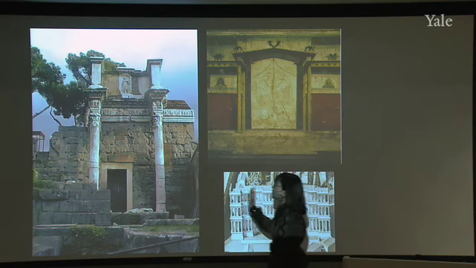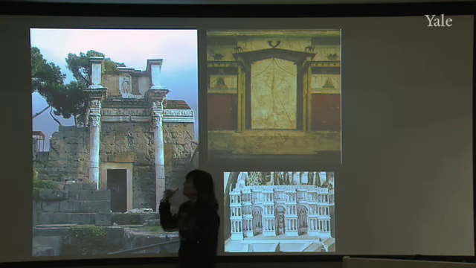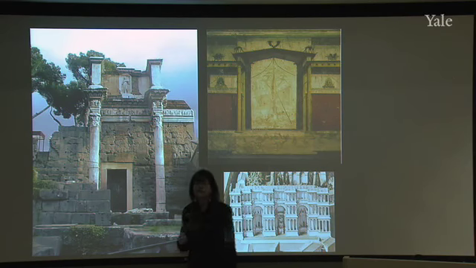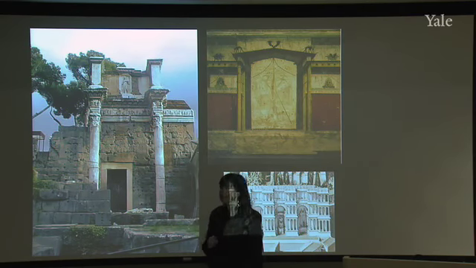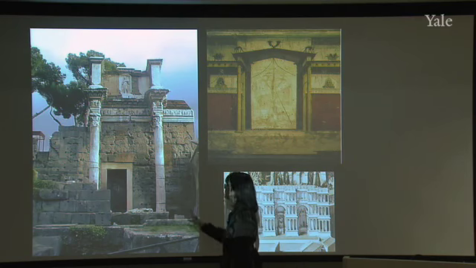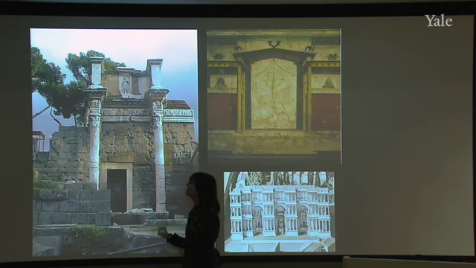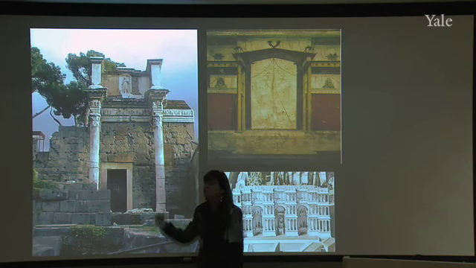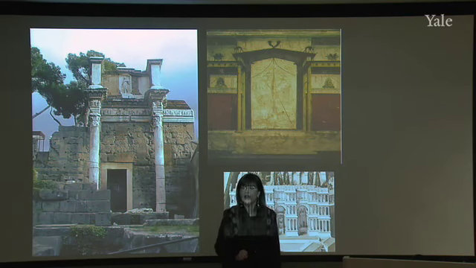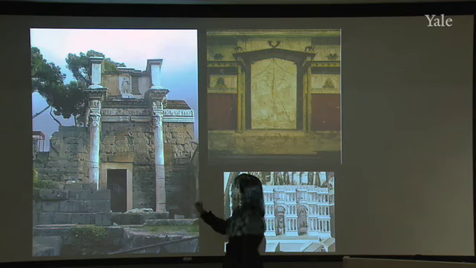You'll remember also that we looked at the Forum Transitorium in Rome, the Forum first of Domitian and then completed by Nerva, and I show you a detail of that again. And this is when we really begin to see in built architecture this move toward what we're defining today as the Baroque in Roman architecture.